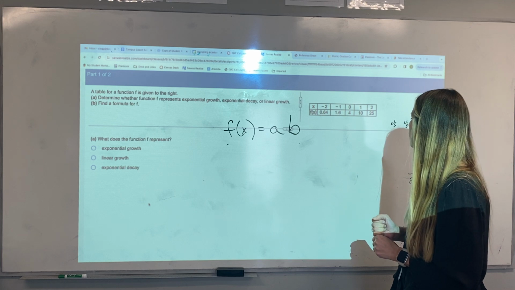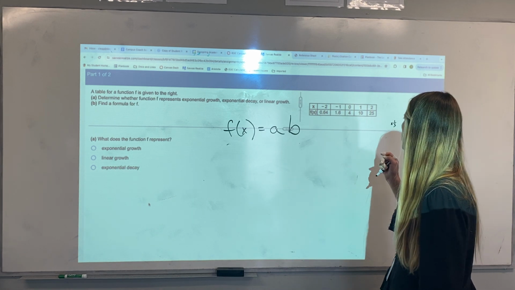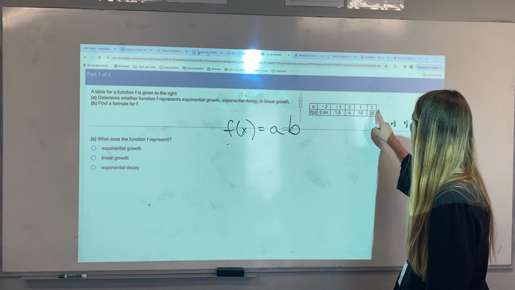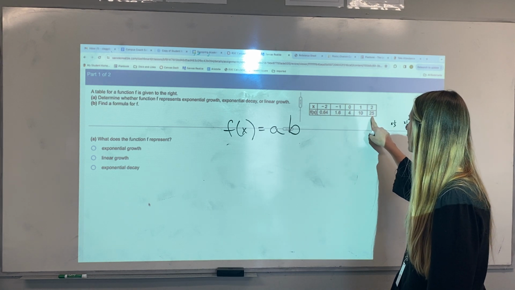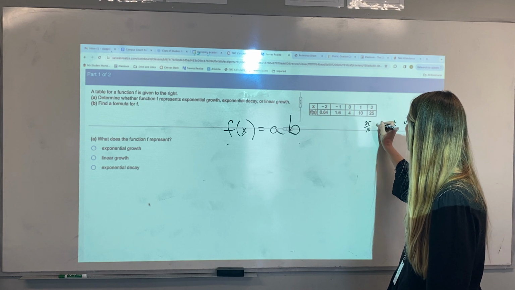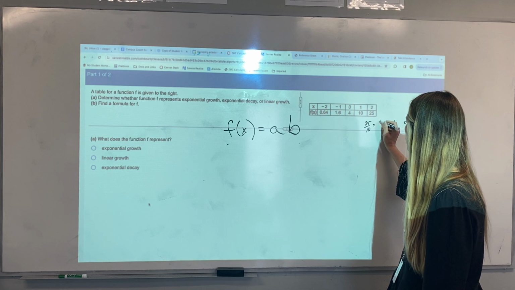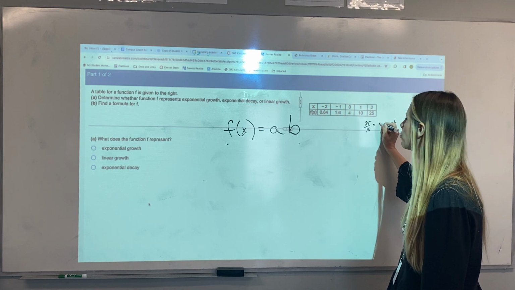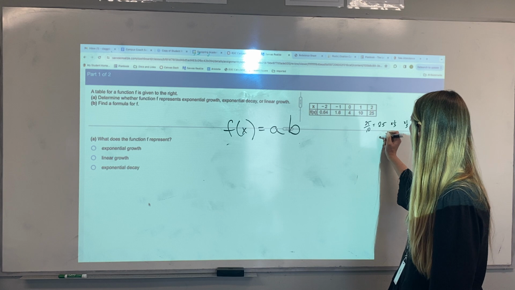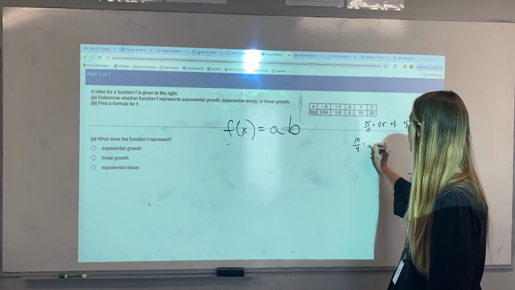So what we could do is, again, test to see if we have a constant ratio by taking a y value and dividing it by a previous y value. So that would be 25 over 10, which is 2.5. Now let's see if that happens again. 10 divided by 4 is also 2.5, right?